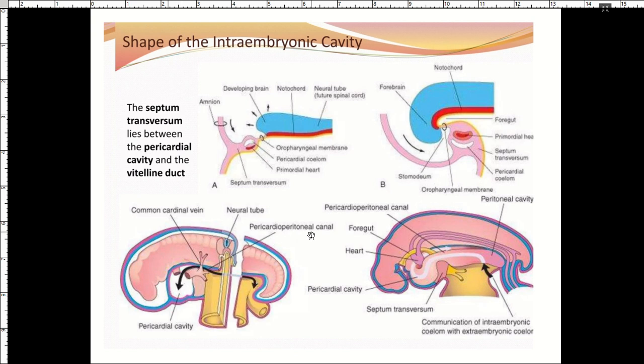That's why they are called pericardioperitoneal canals. You can appreciate them just right here. So you're going to have a tissue called septum transversum. The septum transversum is a tissue that is going to separate your pericardial cavity from your peritoneal cavity, or just from your vitelline duct. You understand? Ventrally.